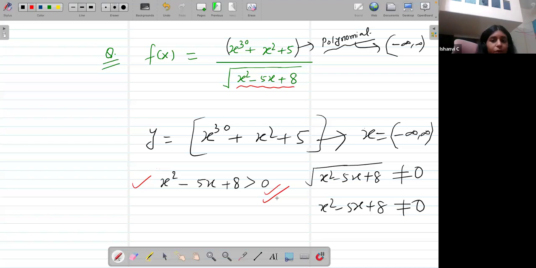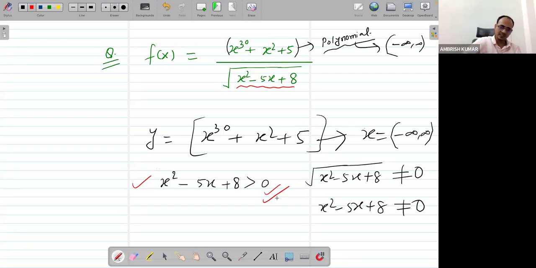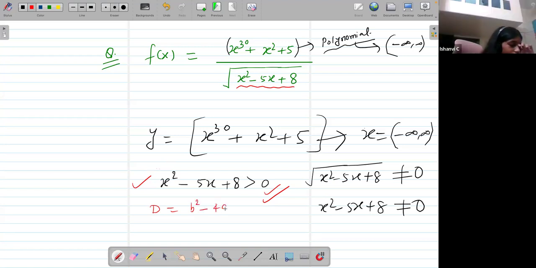Sir, it's 7/4. Discriminant means b square minus 4ac. Oh, yes, sir. I divided it by 4.